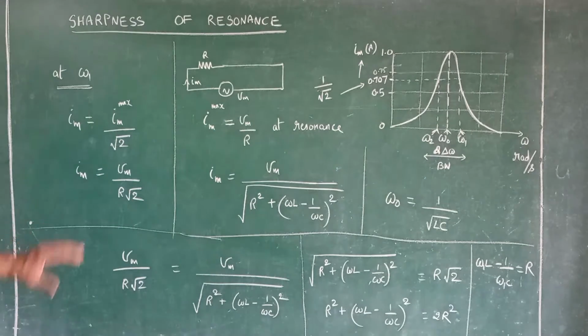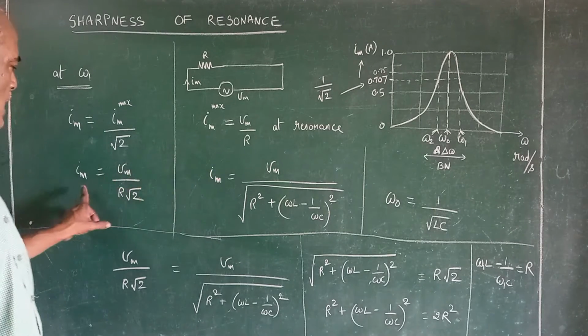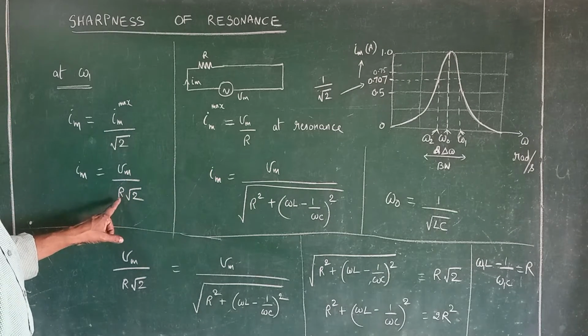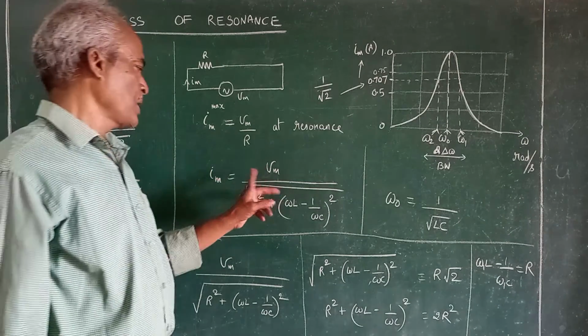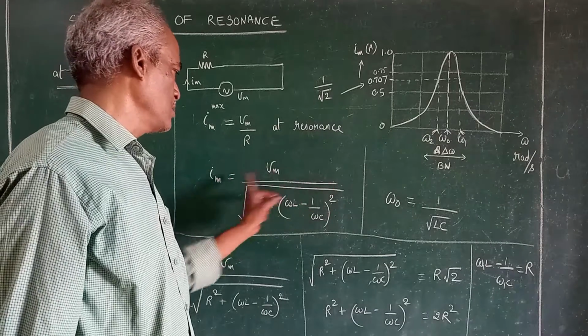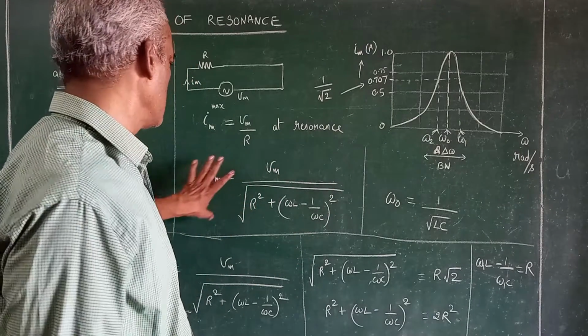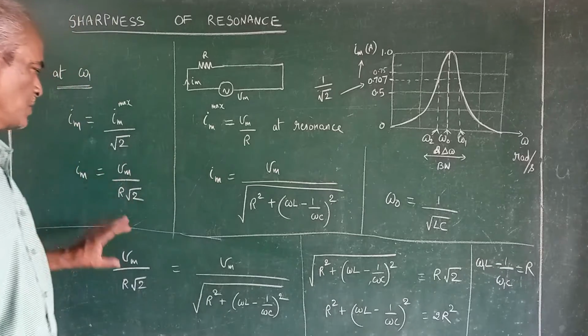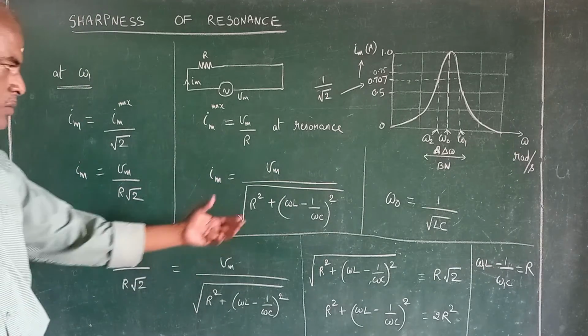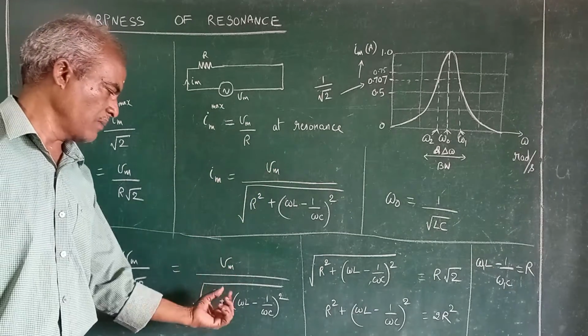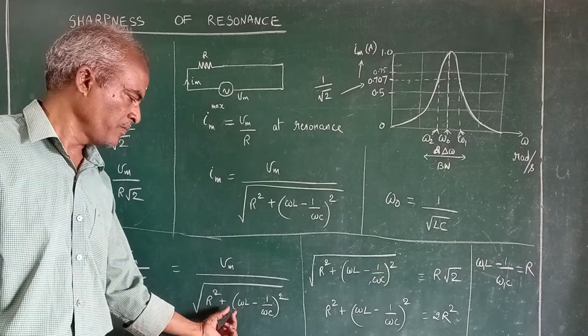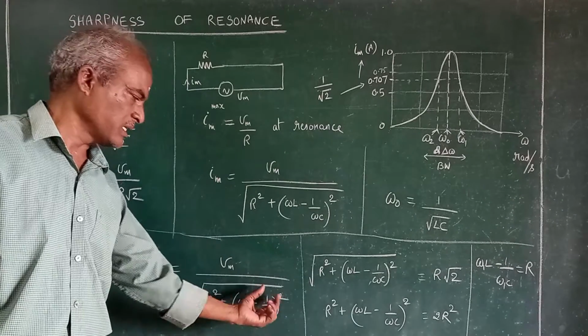Now if you see this equation and this equation, we can equate them: V_m by R root 2 is equal to V_m divided by the square root of R square plus (omega L minus 1 by omega C) the whole square.